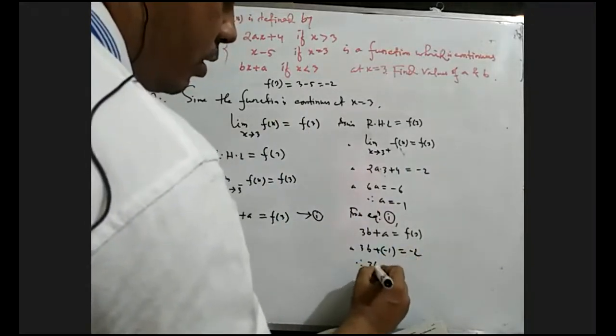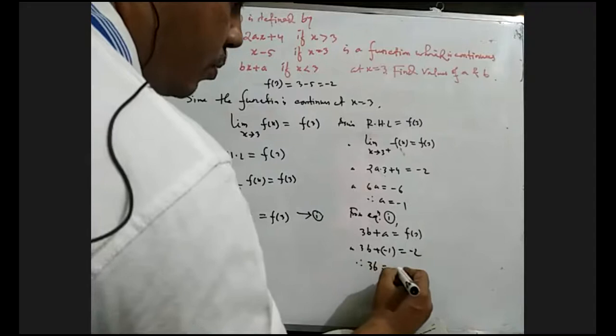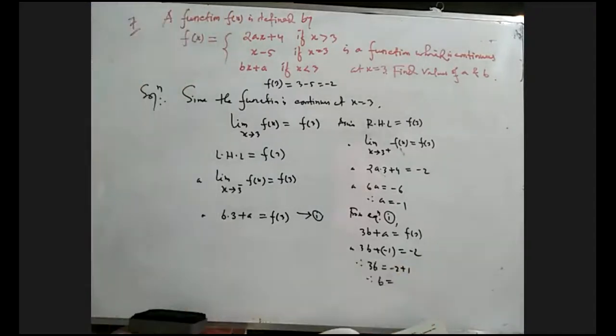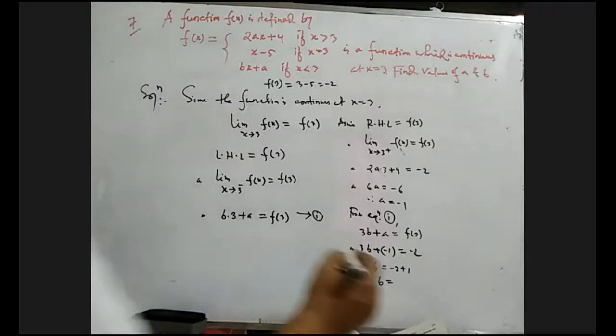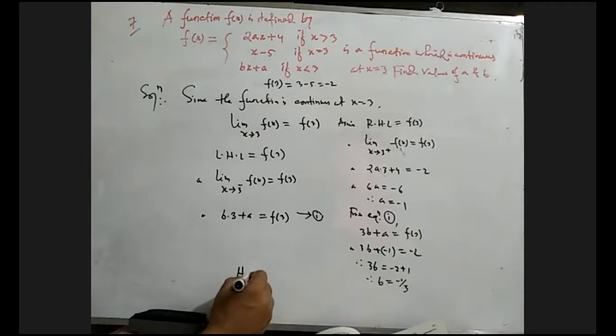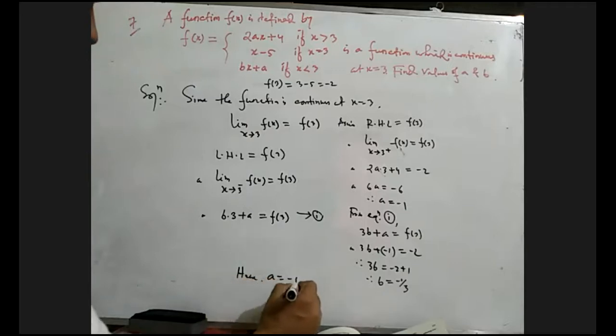Therefore, 3b equals minus 2 plus 1. Therefore, b equals minus 1 by 3. Hence, a equals minus 1 and b equals minus 1 by 3. This is the result.